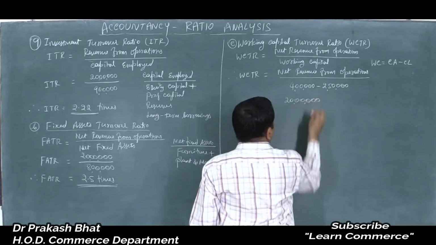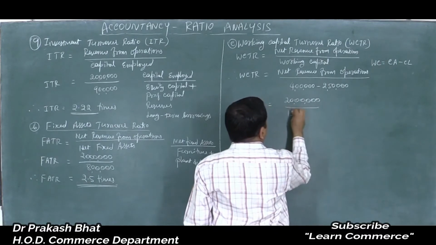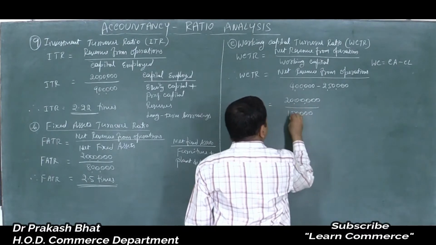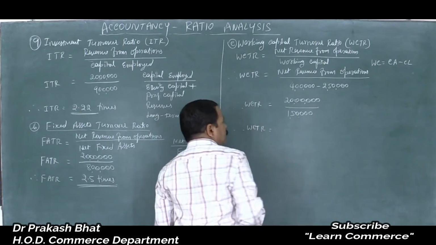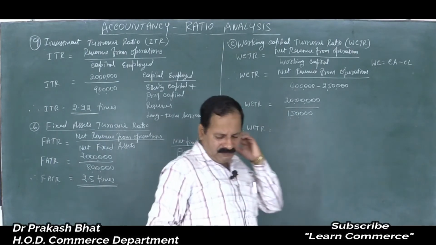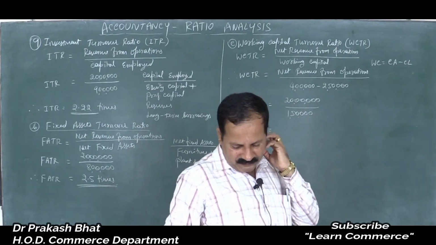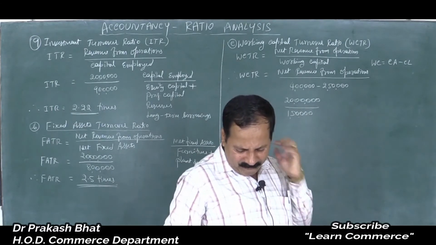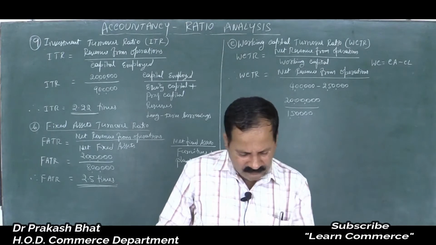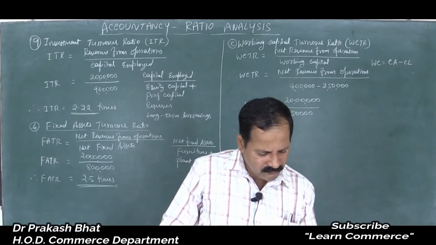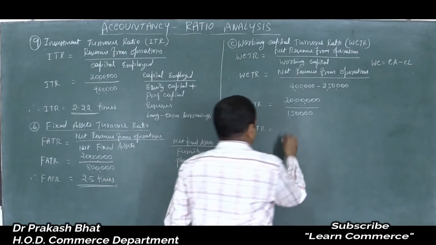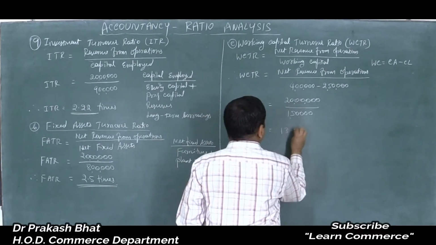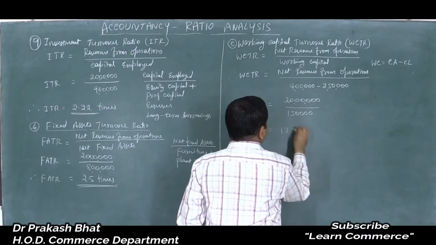Simplified. Therefore, WCTR is the final answer, is it 12.5? 13.33, I am sorry, 13.33 times.